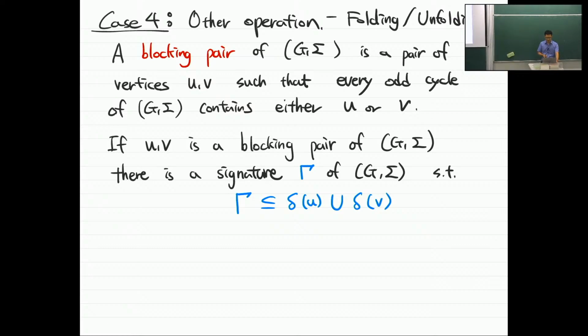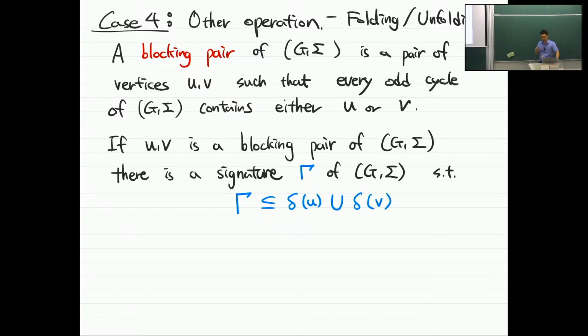And if there is a blocking pair UV, then we can resign this signed graph such that our new signature satisfies this condition. So let me explain why. We have 2 vertices U and V, and every odd cycle contains either U or V. Suppose we delete these 2 vertices and consider the remaining signature.